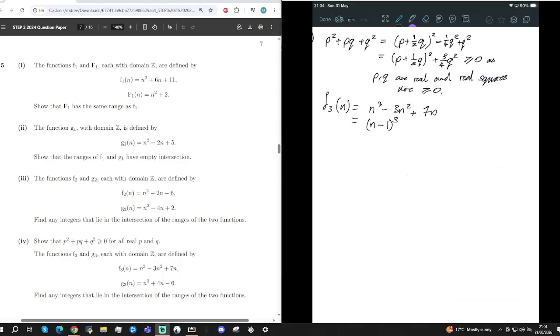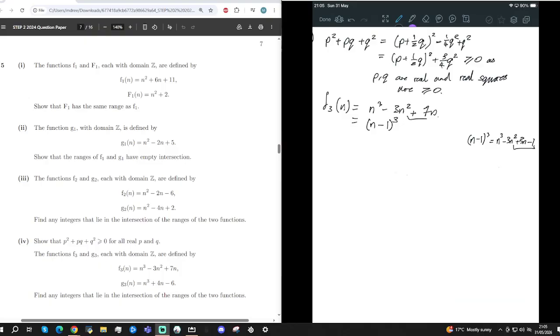And if I were to expand out n minus 1 cubed, again, easiest and quickest way is with Pascal's triangle, we get that expression. Okay. Well, that's what I have, but I don't want plus 3n minus 1.